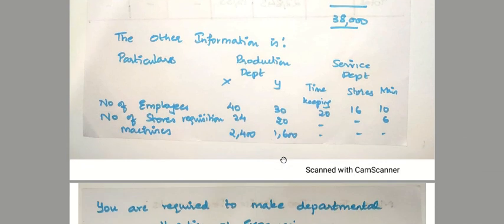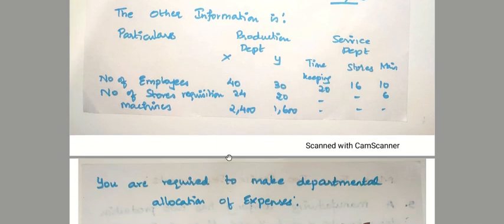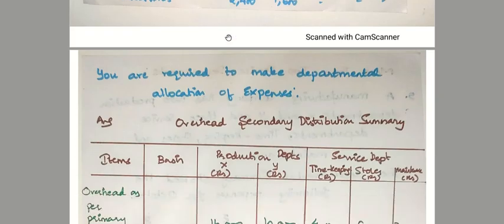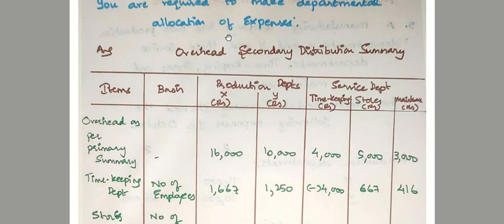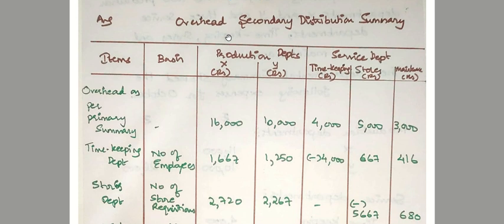And the other information is given as follows: number of employees, number of stores requisitions and machines. They have given the apportionment. These act as your basis for apportioning your overhead expenses. You are required to make departmental allocation of expenses.